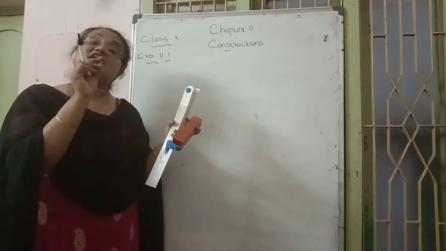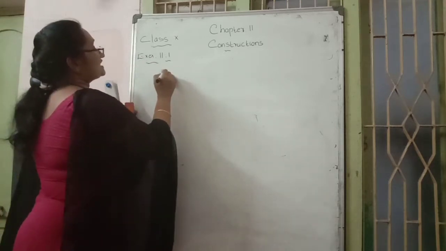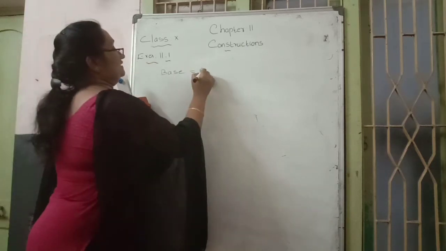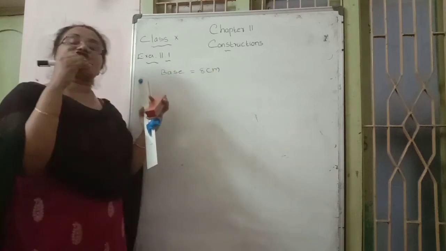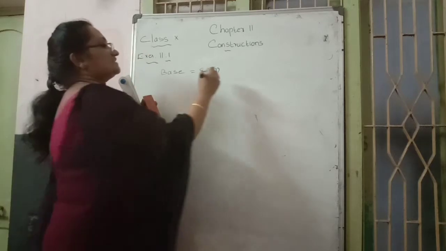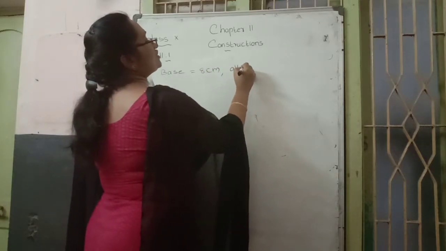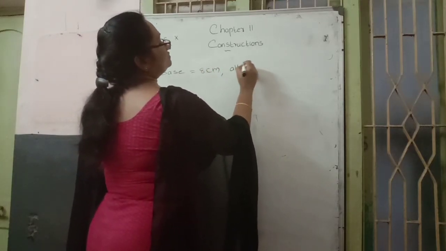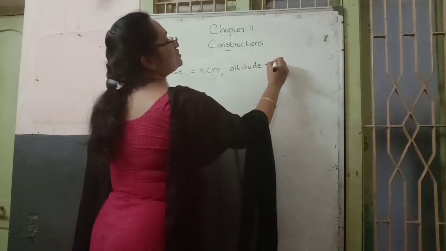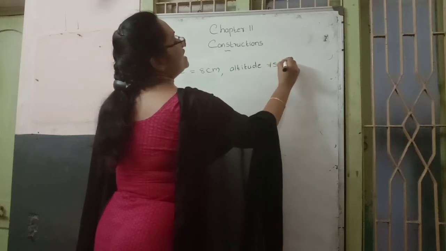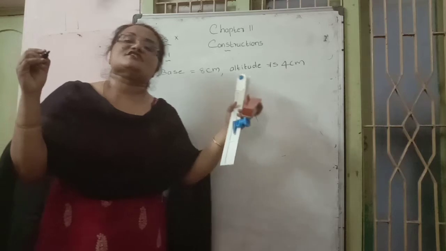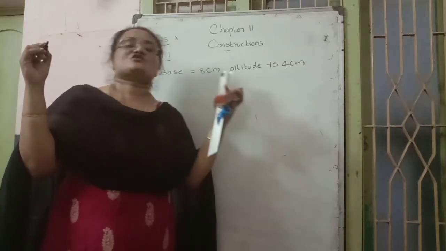They gave the base of that isosceles triangle, which is 8 centimeter. And the altitude is also there. Altitude means height. The altitude is 4 centimeter. The altitude of the isosceles triangle is given as 4 centimeter.